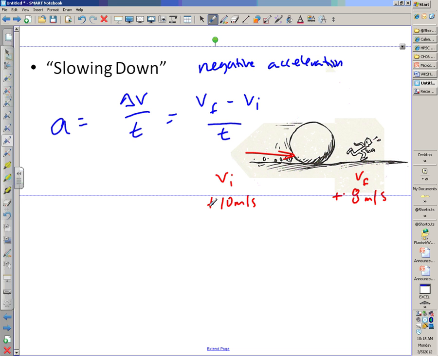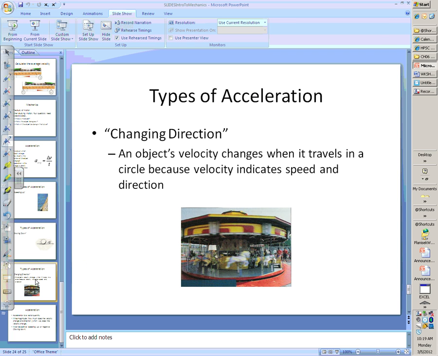Miriam, you threw it out there. What else could this guy do in order to get out of the way of the boulder? Just move which way? To the left or right? You go up. It could go up as well. The third kind of acceleration is changing directions.